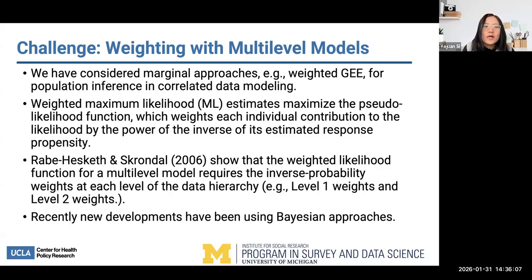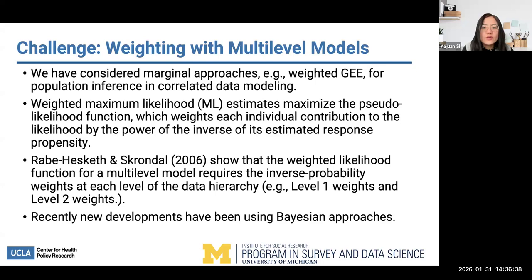However, if we are interested in multi-level models to estimate conditional effects, we use weighted maximum likelihood estimates, which maximize the pseudo-likelihood function that weighs each individual's contribution to the likelihood by the power of the weights.